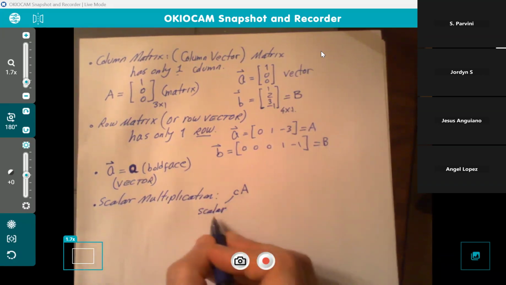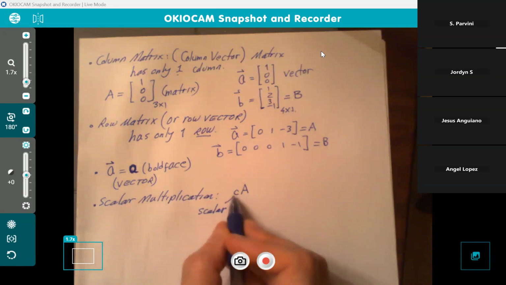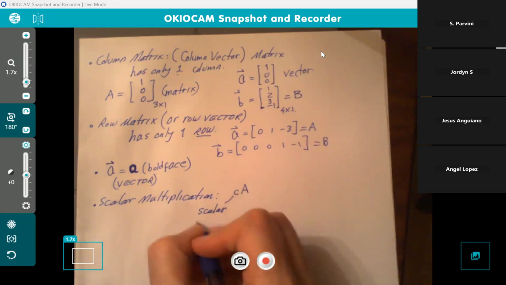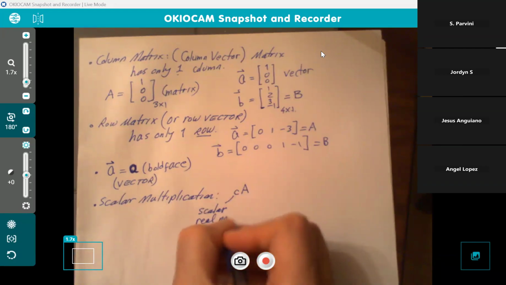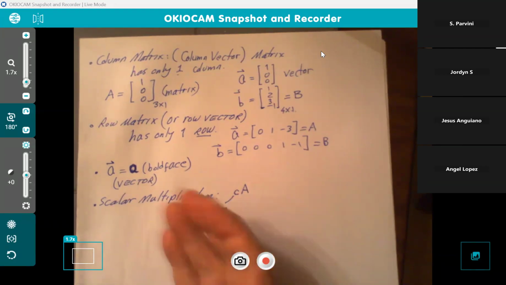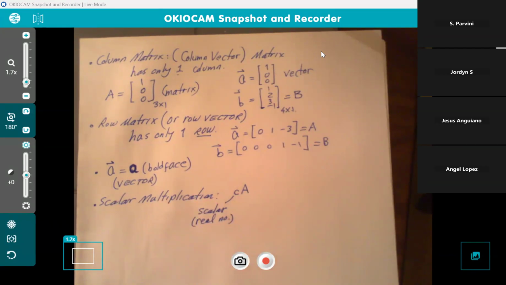The reason it's called a scalar is because it's a real number. C is a real number, like 2, 5, -5, and so on. The reason it's called scalar is because it, quote unquote, scales the matrix.